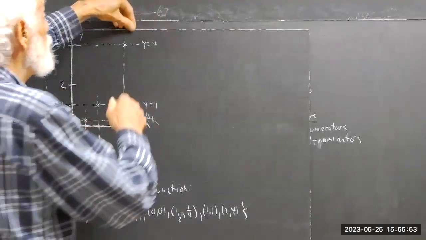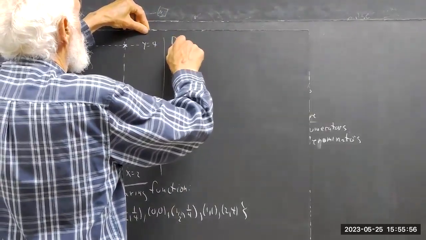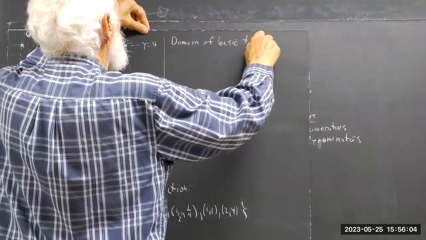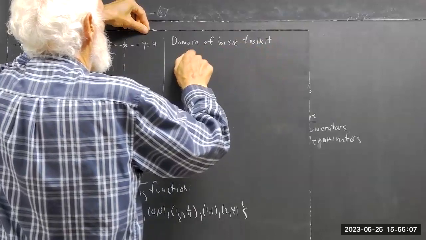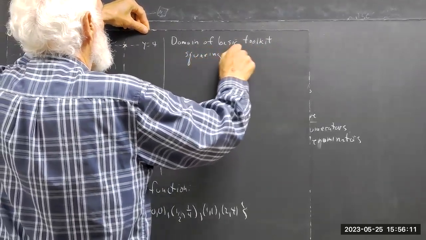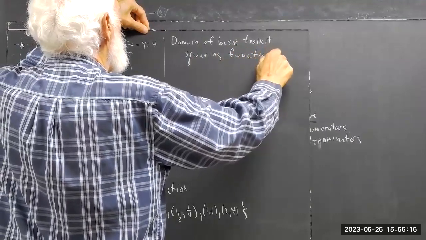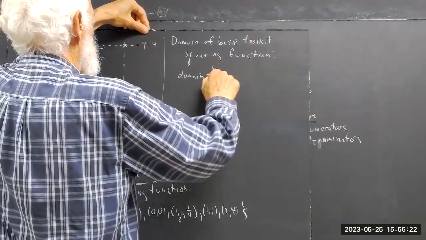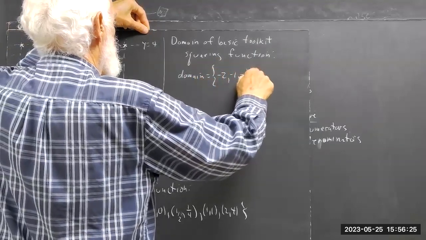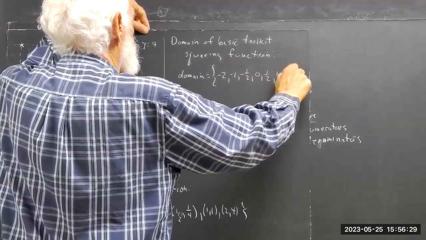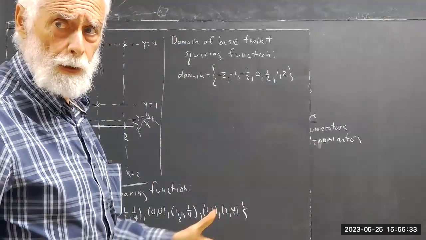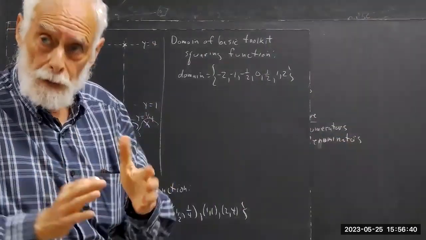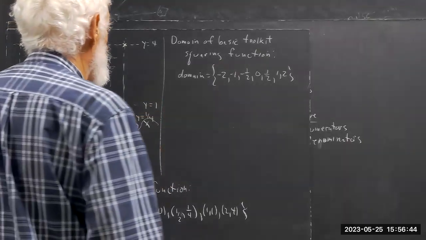I'm less likely to block the screen if I do this. These are our standard x values that we get when we start with 0, 1, -2 to 2, divide that in half, divide this in half, divide each of those in half. There we have it. That's the domain.